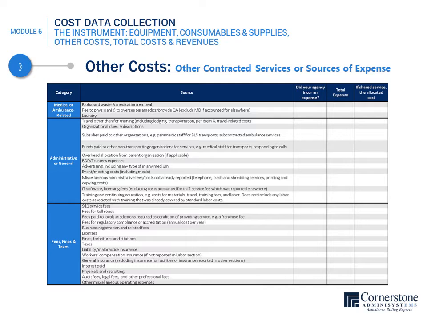Further down the page in the fees, fines, and taxes section, we can see how CMS wants to identify costs related to maintaining licensure, physicals and recruiting, audits, legal fees, and so on.